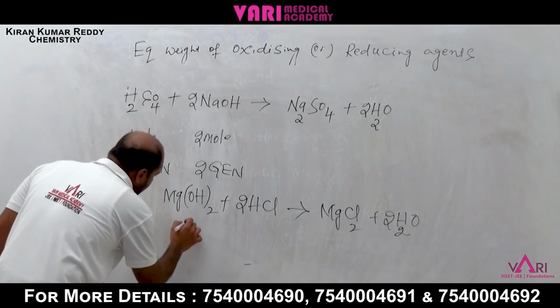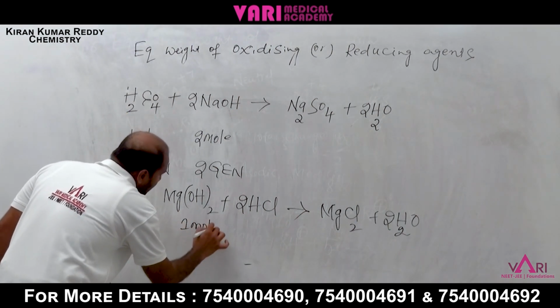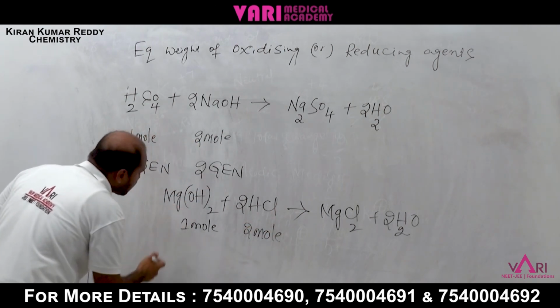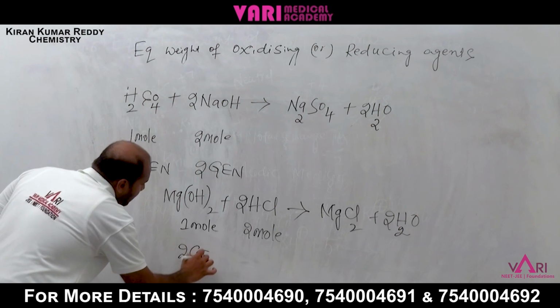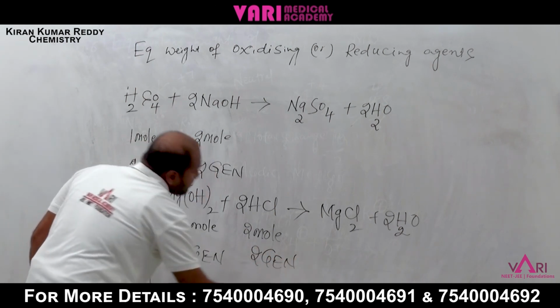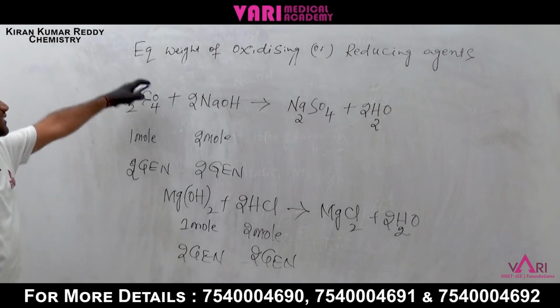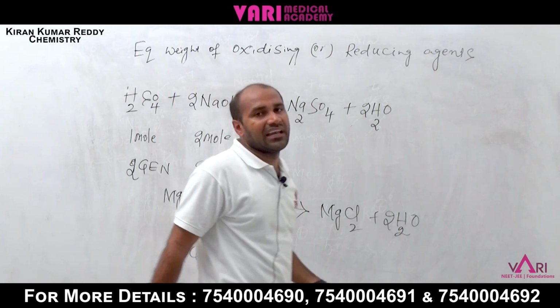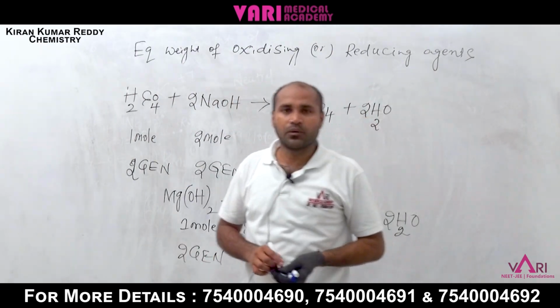Here is 1 mole, here 2 moles. How many gram equivalents? Magnesium hydroxide, you already know, has 2 gram equivalents, and here also 2 gram equivalents. These are the formulas used for calculating equivalent weights. Okay, thank you.